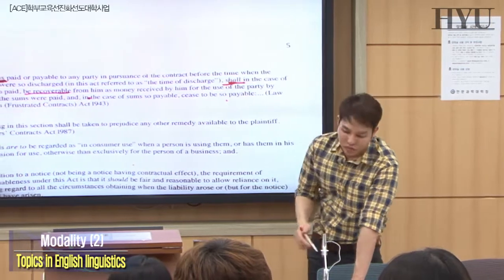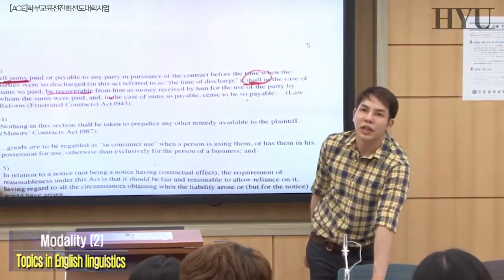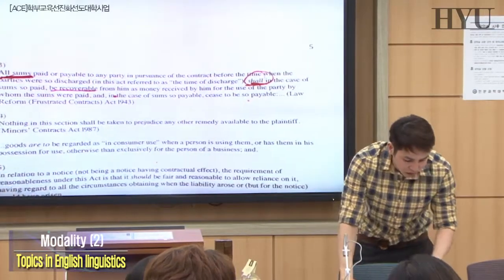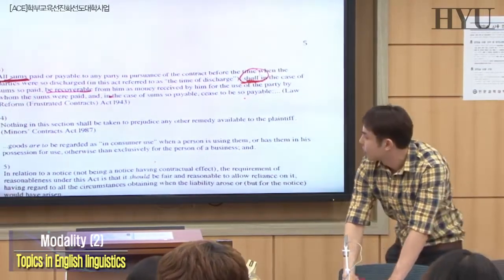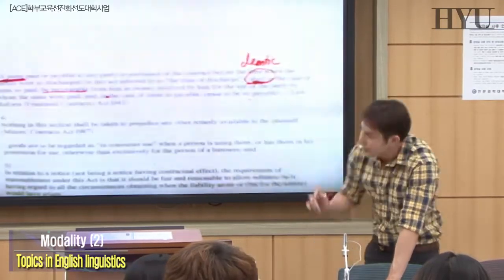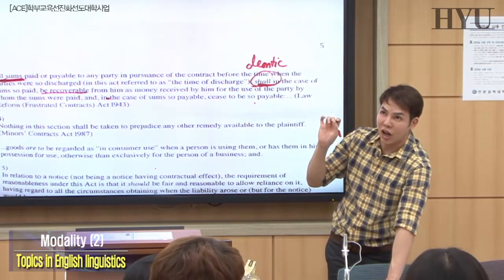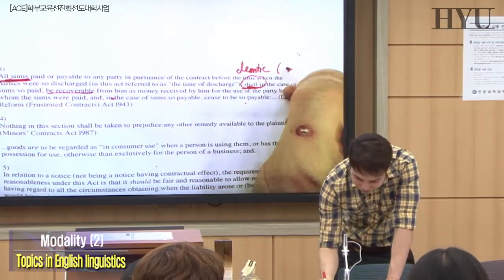In this case, you see shall. What kind of modality is it? The meaning. Is it epistemic or is it deontic? Deontic, right? And it's the same kind of shall as in number 2. So it's a statement of obligation, so it's number 6.